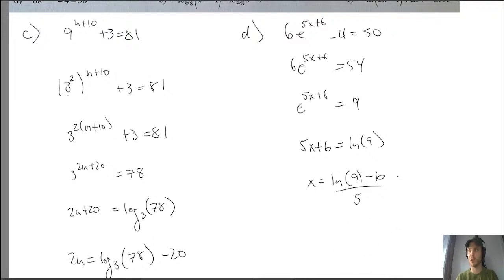They may probably want an approximation, which is annoying anyway, so let's get them one. Log 9 minus 6 divided by 5 is negative 0.7606.